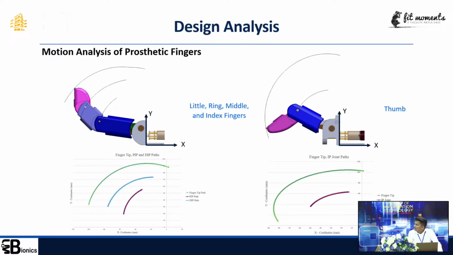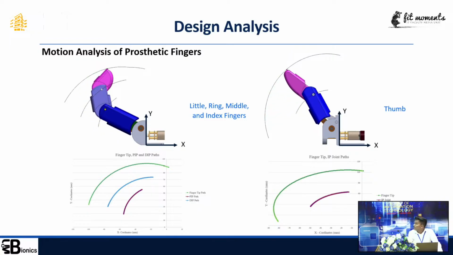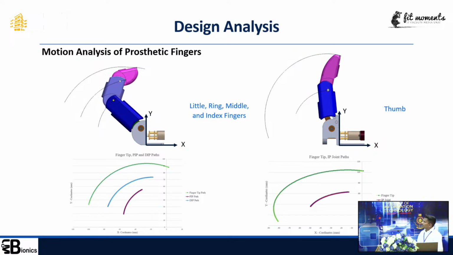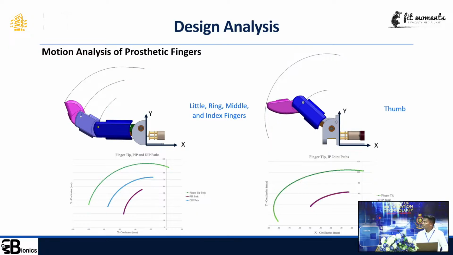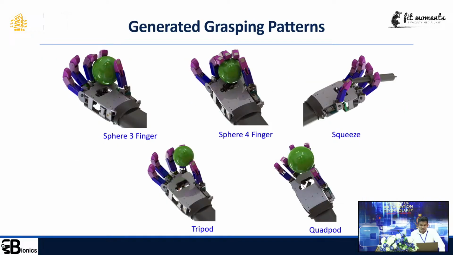So this is the motion simulation used to identify the finger trajectory of the little, ring, middle and index fingers and thumb as well. This one was also done using the SolidWorks motion simulation package.